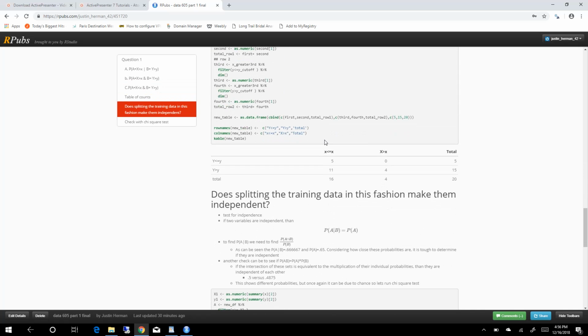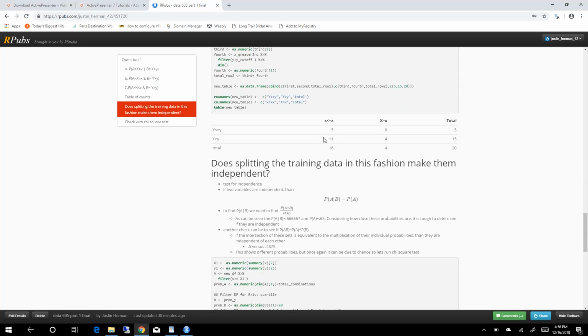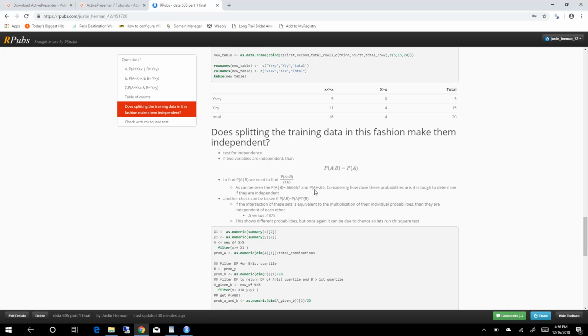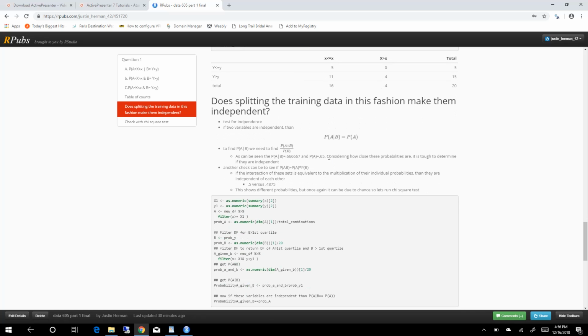Moving on, we were asked to refilter the data set in a different way and see if that filtering created independence. I think the idea of this question was to show that while the probability we discover by using Bayes theorem would show us that the variables were actually dependent upon each other, when we plug that into a chi-square test, it doesn't always show the same thing.